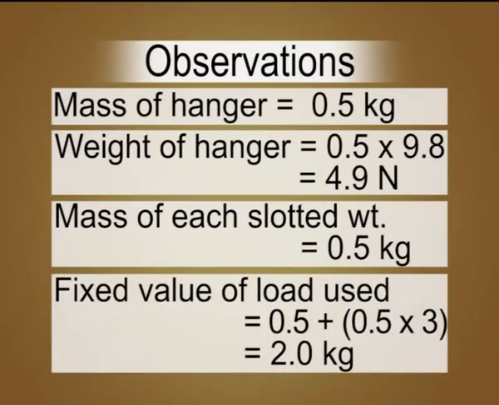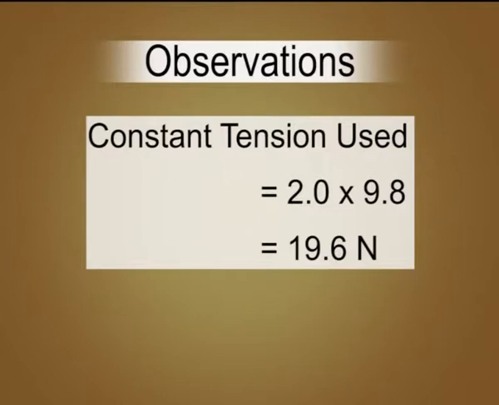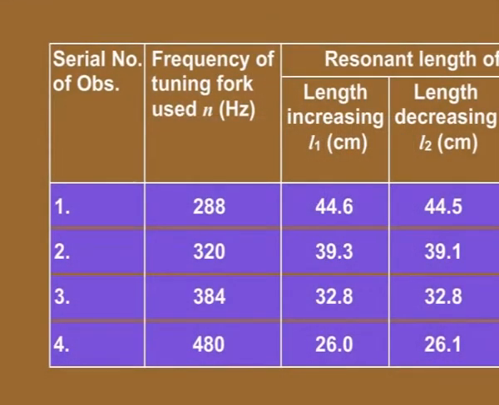Fixed value of load used is equal to 0.5 plus 0.5 into 3, which is equal to 2.0 kilogram. Hence, constant tension used is equal to 2.0 into 9.8 is equal to 19.6 Newton. And then the observation table is to be made like this. Watch the observations carefully.